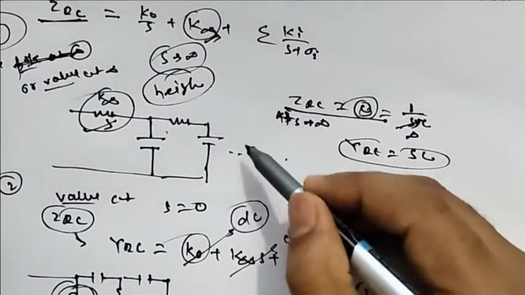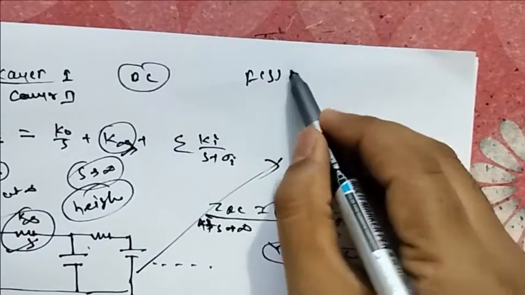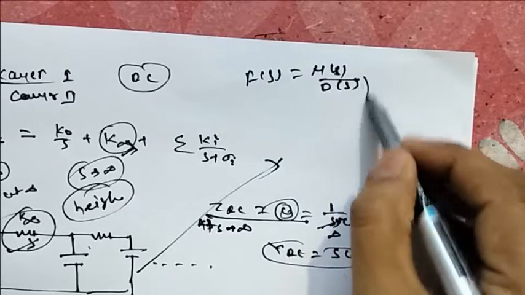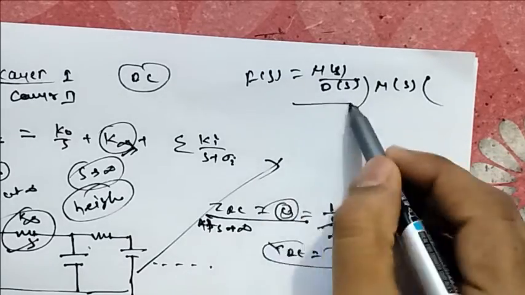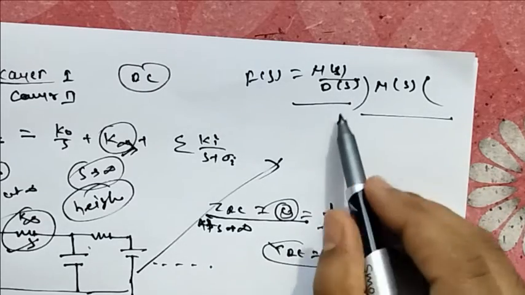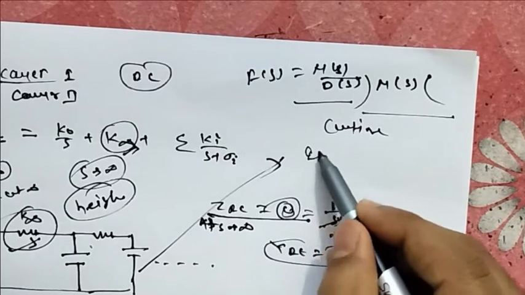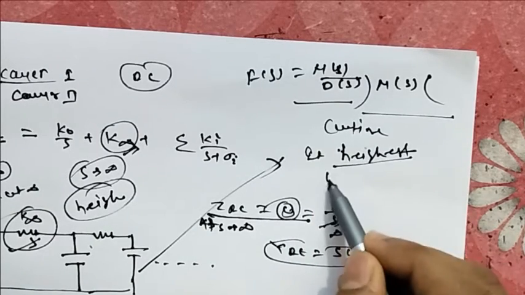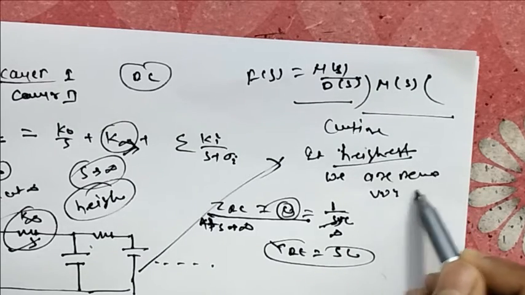To get the rest of the values, suppose the function is N(s) by D(s), then we divide and keep on continuing the fraction. The continued fraction for Cauer 1 is followed with the highest power, because we are looking at removing the infinite term.